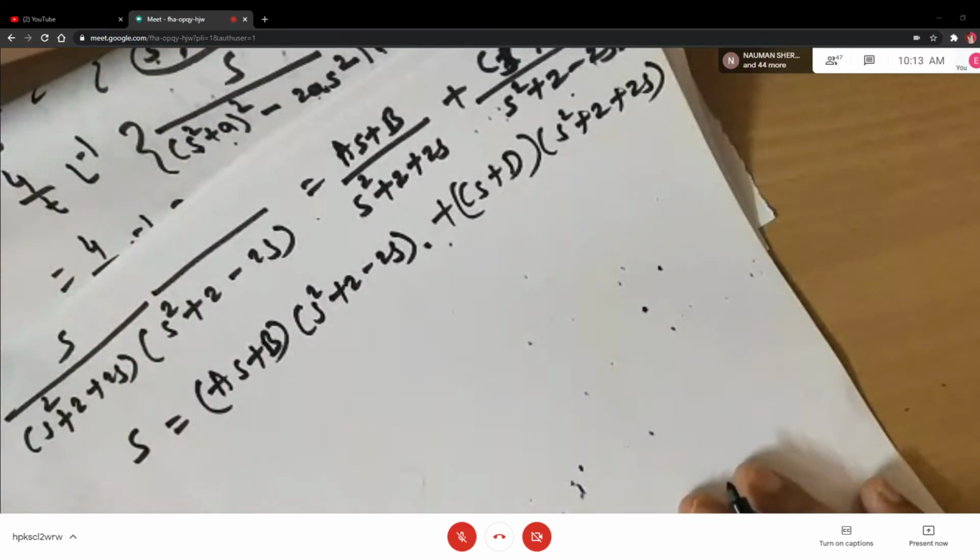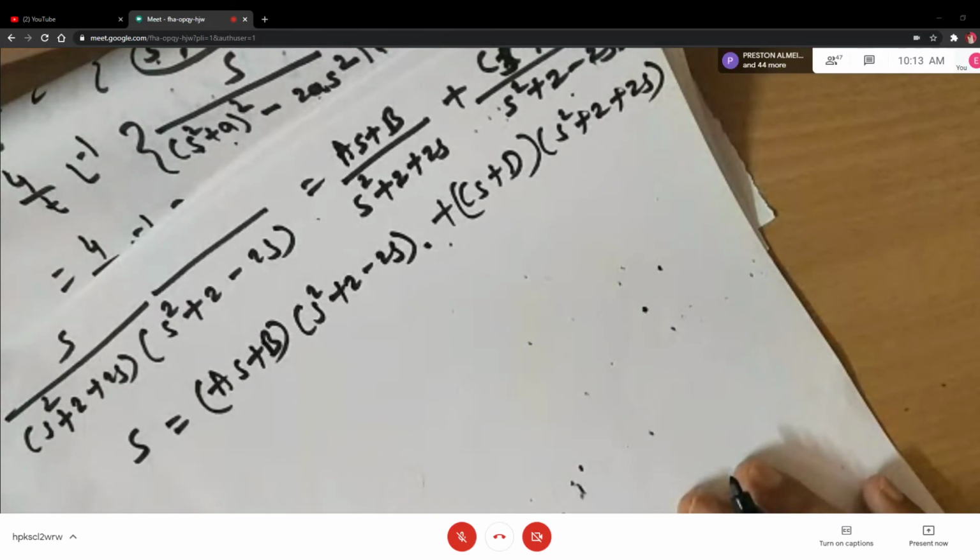Now you need to get the values of a, b, c and d. So any direct substitution will help you. Otherwise, as I told you, the general method: just open the right hand side, collect terms in s cube, s and all, equate the coefficients and get the answer.